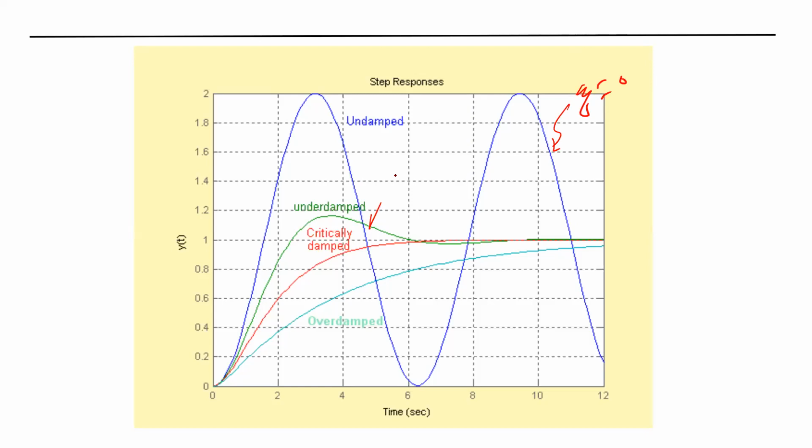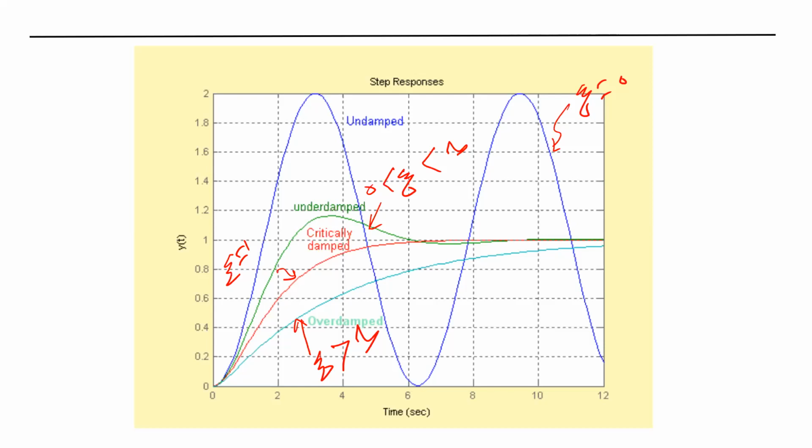This one is zeta less than 1 and greater than 0. This is zeta equal to 1, and the last one, zeta greater than 1. So this is a summary of the response for the 4 cases.